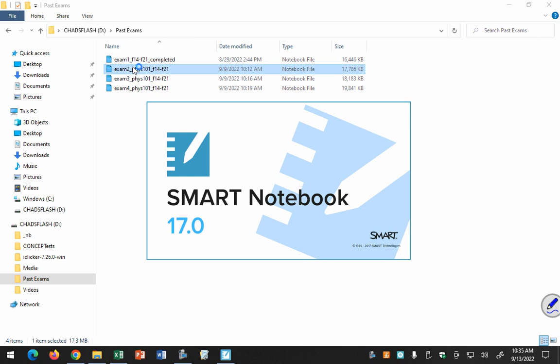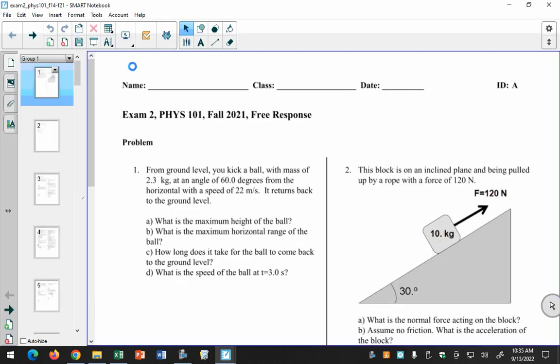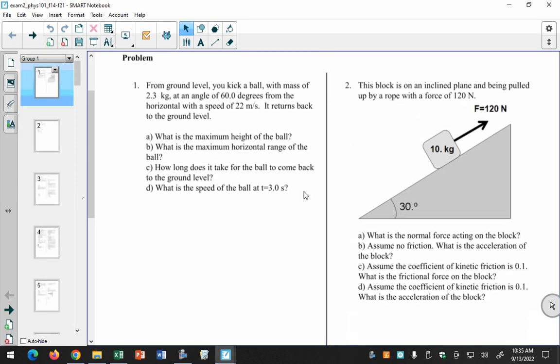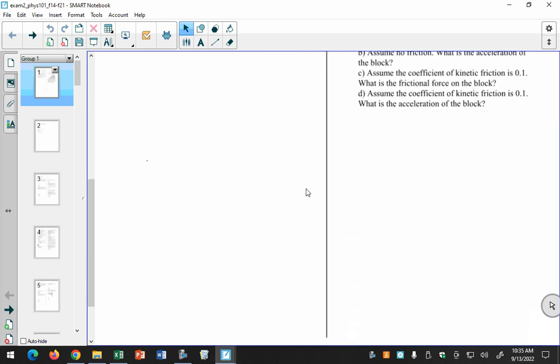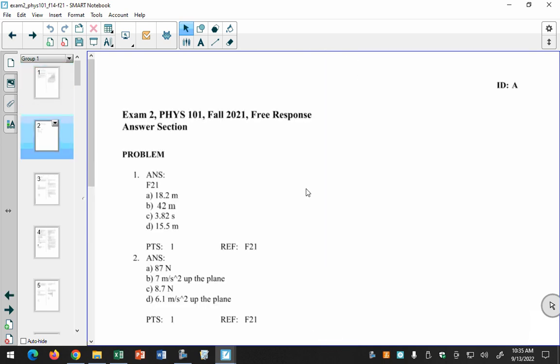You'll have about 5 questions from projectile motion. One of your free response for the upcoming exam, a week or 2, will be on projectile motion. Your free response will look a lot like this fall 21, FYI.